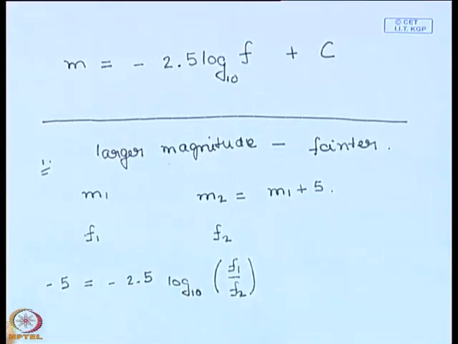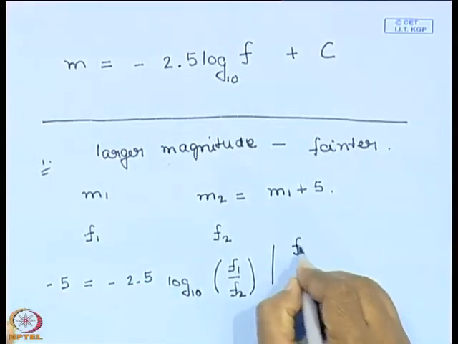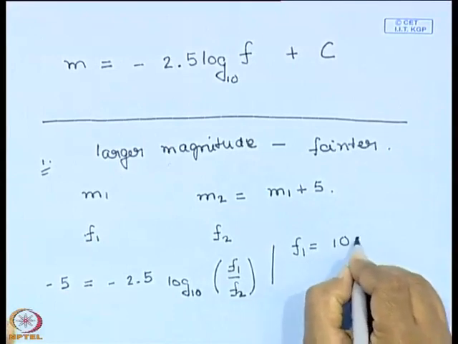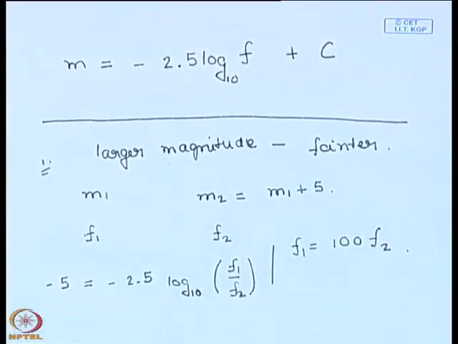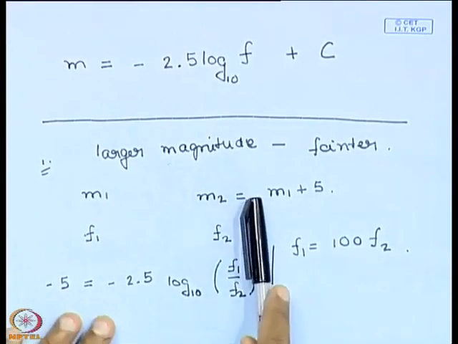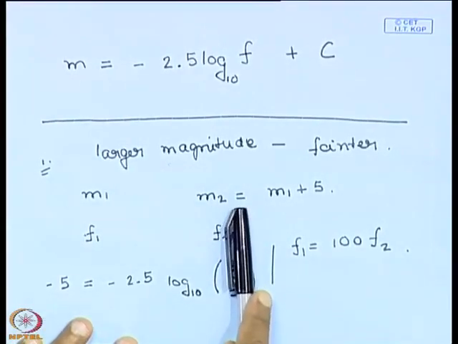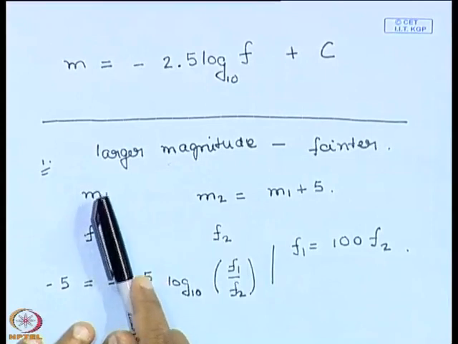F1 is equal to 100 F2, 100 times. So, a magnitude difference of 5 corresponds to the flux going down by a factor of 100. So, this source is 100 times fainter than this source.